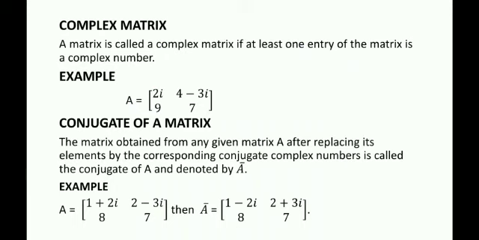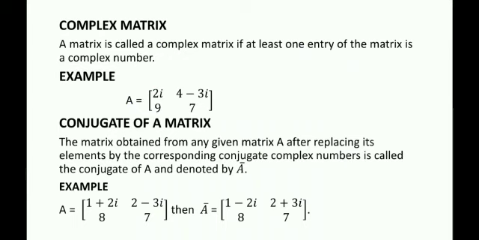What is conjugate of a matrix? The matrix obtained from any given matrix A after replacing its elements by the corresponding conjugate complex numbers is called the conjugate of A, and it is denoted by A bar. What is conjugate complex number?